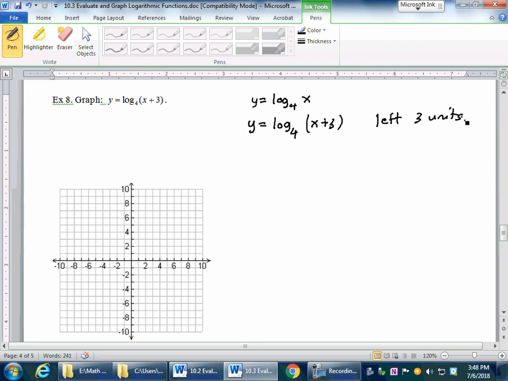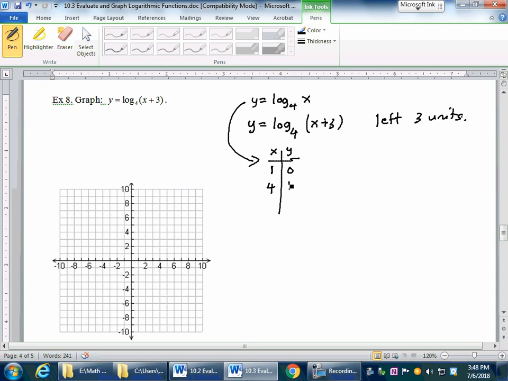So to graph this, first I'm going to have to plot my parent graph quickly, right? So remember, for the parent graph, the 2 points that we're going to use: when x is 1, my y will always be 0. When x is the same as my base, then y will be 1.